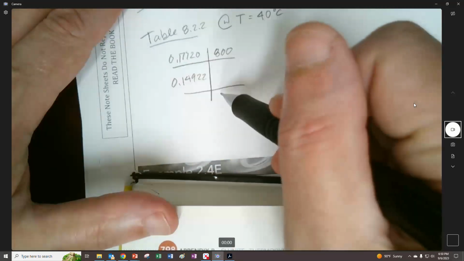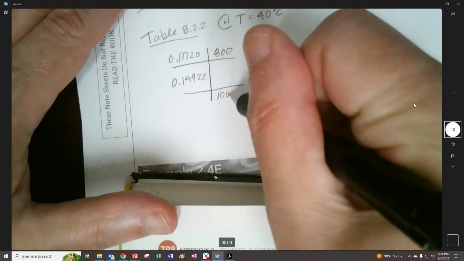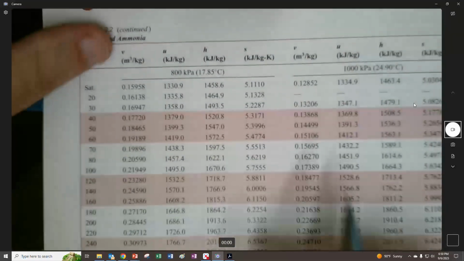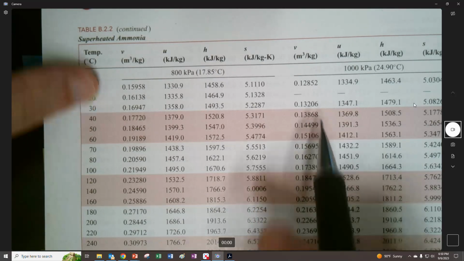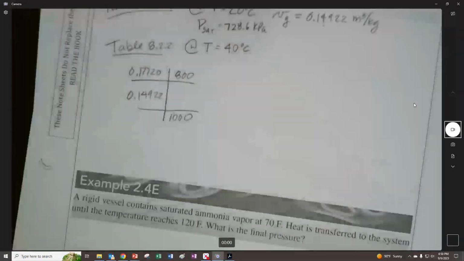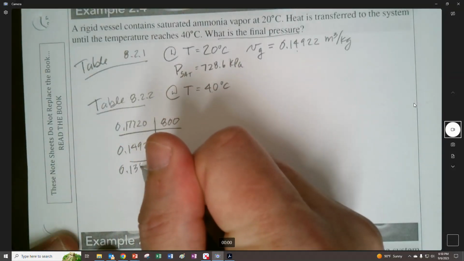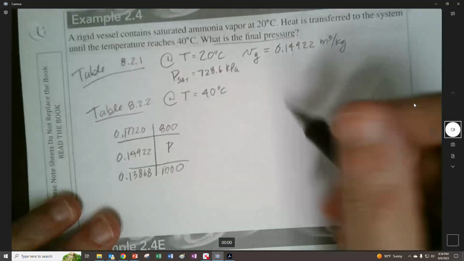And then down over here, this is the 1000, yes, the 1000. And for 1000, we're going to get 0.13868. And then this is the pressure that we want to try to find.